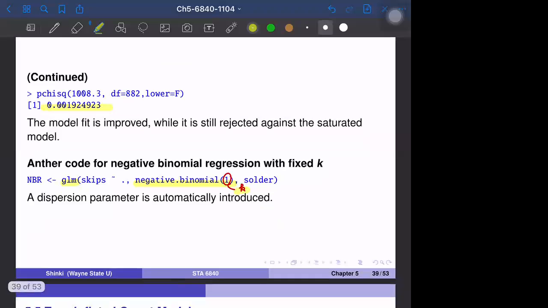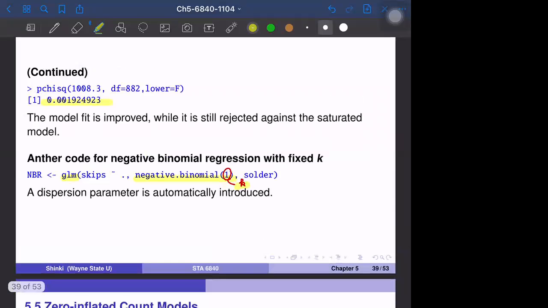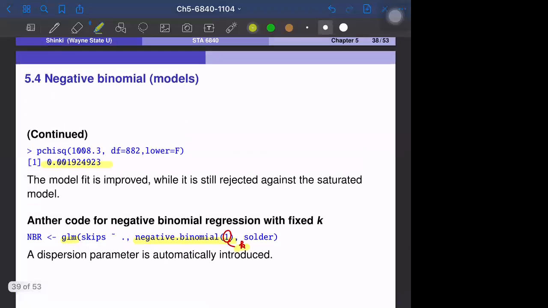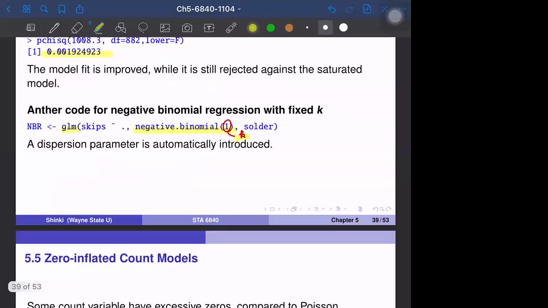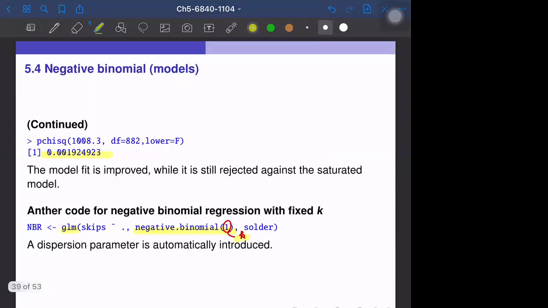In such a case, there is no meaning in using the negative binomial; we can just use the Poisson distribution with an additional dispersion parameter. So I think it's better to use the glm.nb function from the previous page. These are the examples of the negative binomial models.